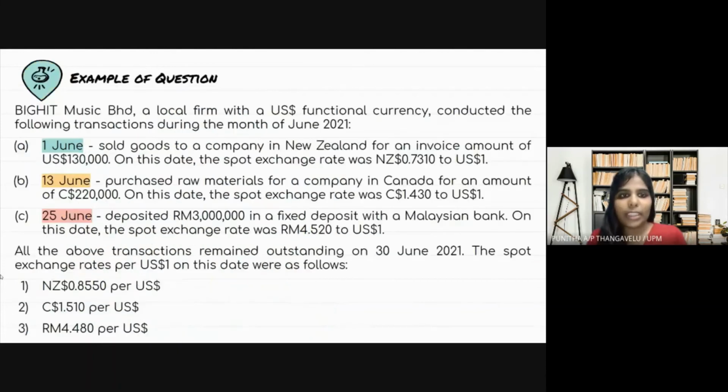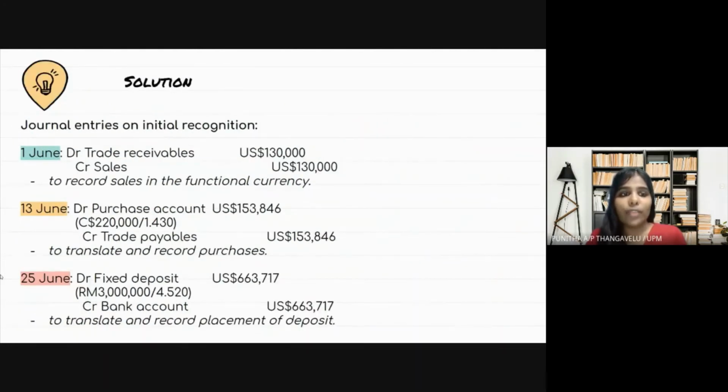So we have to take the rate at the date of transaction, which is 1.43 Canada dollar, and divide the total amount of the purchase by it, and we will get 153,846 US dollar.